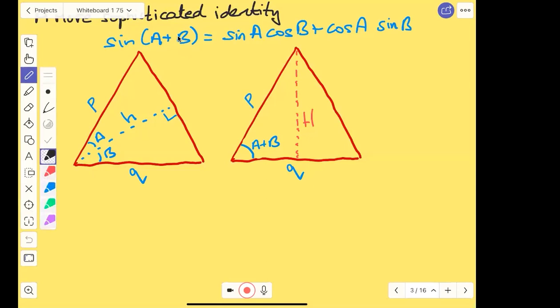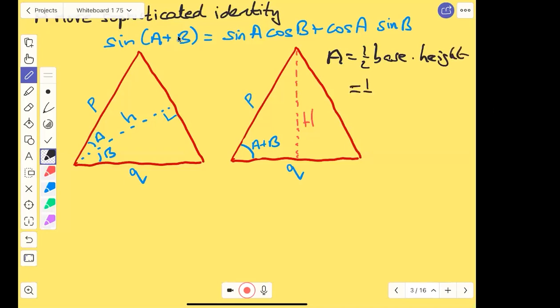The area of this triangle is the sum of this area and this area. So these two right angle triangles, you add their areas together, you get this total area. So let's work out the area of the triangle. The area of the triangle is, of course, half the base times the height. So area is a half base times height.